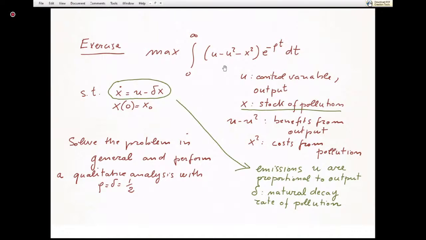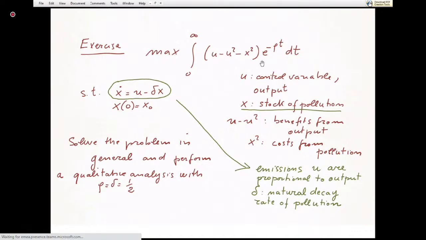What is in the objective function? The objective function depends positively on the output. This is a function increasing and concave in u, but it depends negatively on the stock of pollution. Okay, so you have formally the same dynamical system, but now the state variable is something which decreases the objective function.